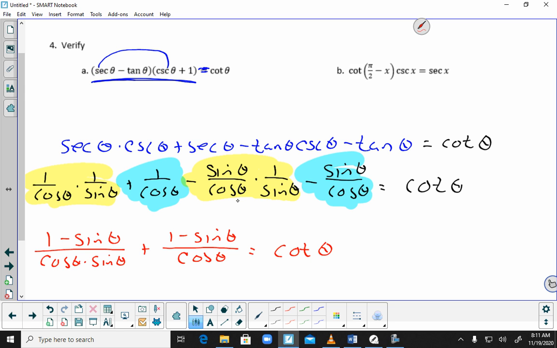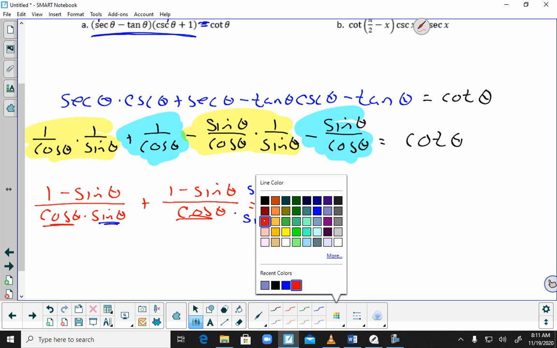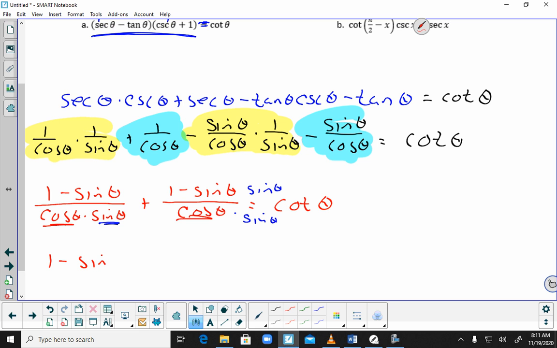At this point, I have two fractions, and I need to add them. I need to have a common denominator. So I have cosine here, but this one, I need the sine, so I'm going to multiply this by sine theta. The first fraction is going to stay exactly the same, so it's going to be 1 minus sine theta.